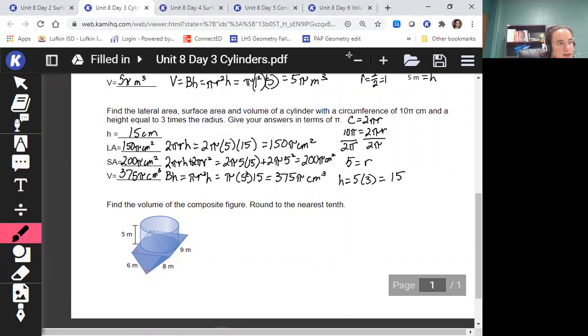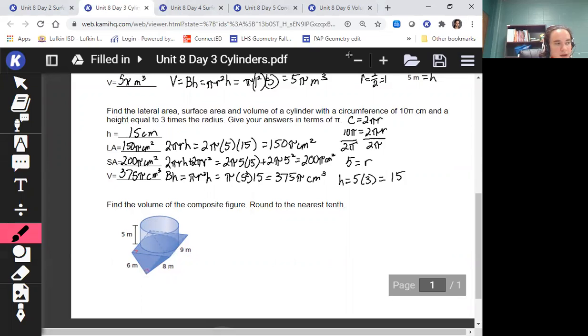And then our last one, we want to find the volume of the composite figure and round to the nearest tenth. So we need to find the volume of the cylinder and the volume of the triangular prism. So let's start with the triangular prism. Remember, the formula for volume of a prism is area of the base times our height.